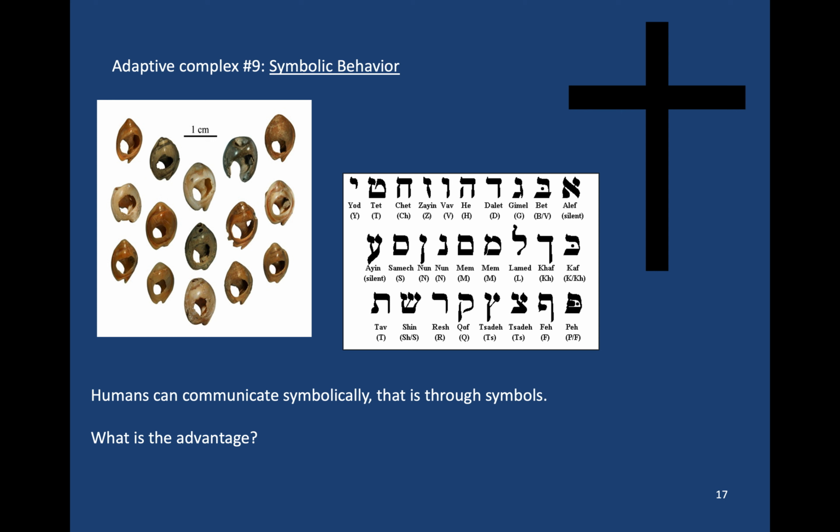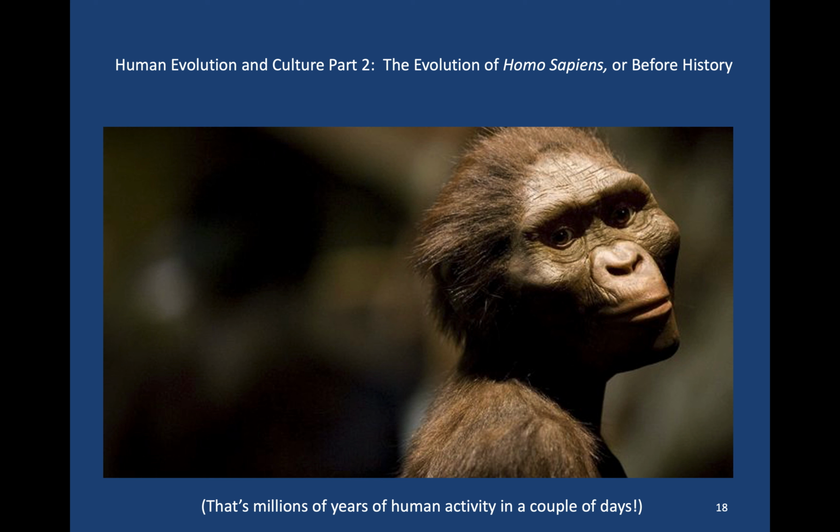All we've done is put two perpendicular lines together, and now we have at least two lifetimes' worth of activity and knowledge and concepts to talk about. Symbolic behavior, the brain, a huge adaptive complex in terms of the ability of humans to progress. And that's where we leave it.